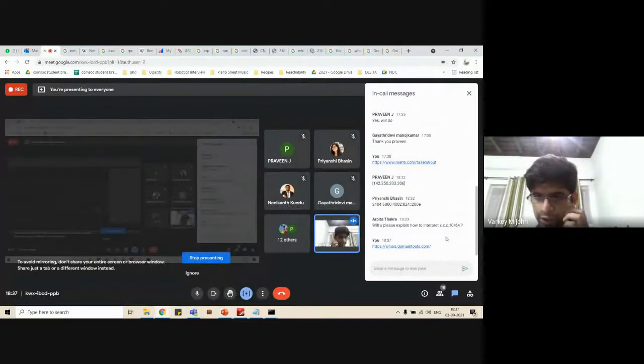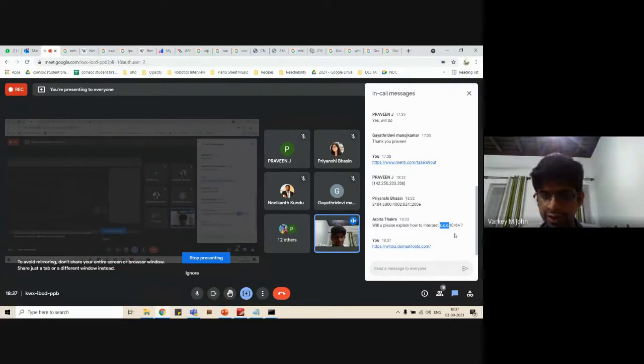Yeah, Arpita. The XXX is basically the first 3 octets of your IP address, and /64 will be... I think a few hosts are there. As I showed earlier, /24 means you have a large number of hosts in the network.